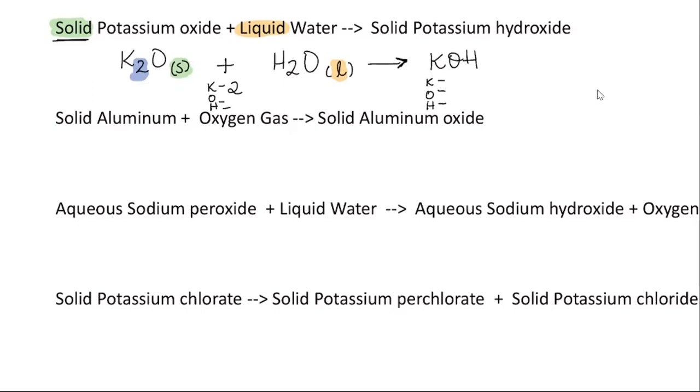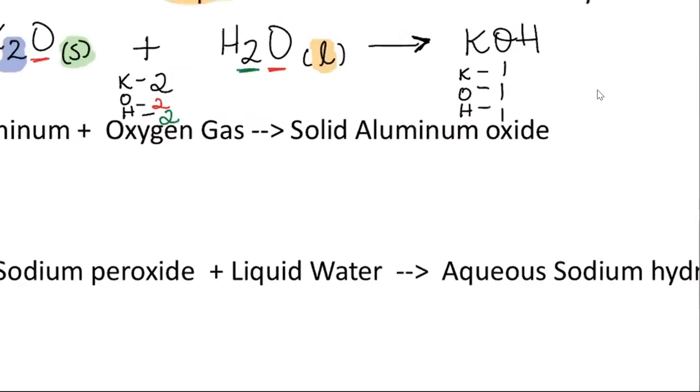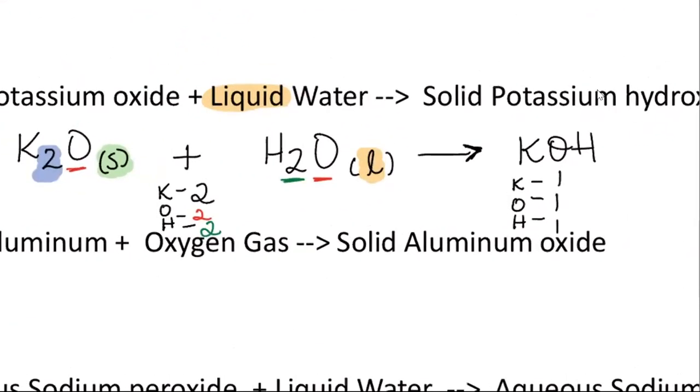When it comes to the oxygens, two oxygens. Lastly, we have the hydrogens. Two hydrogens. Okay? When I look at the product, I have 1 potassium, 1 oxygen, 1 hydrogen. Put a 1 in the chat if my counting of the atoms makes sense.